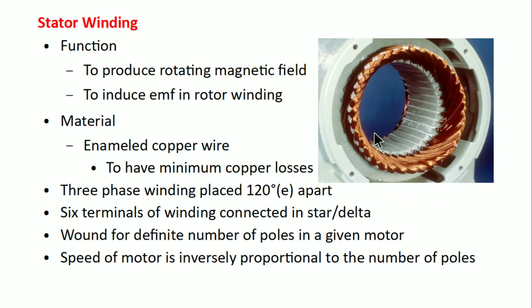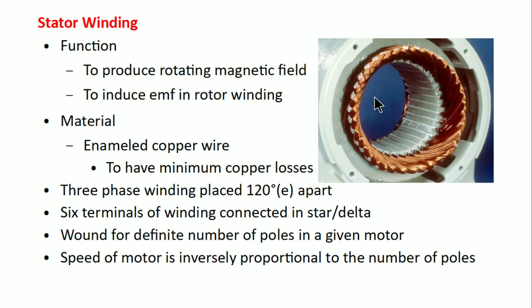And if one winding, R phase suppose, is started here, then the second phase, Y phase coil, will be started 120 degrees after it, and B phase 240 degrees after that. And this way three-phase AC windings are placed in a stator core.